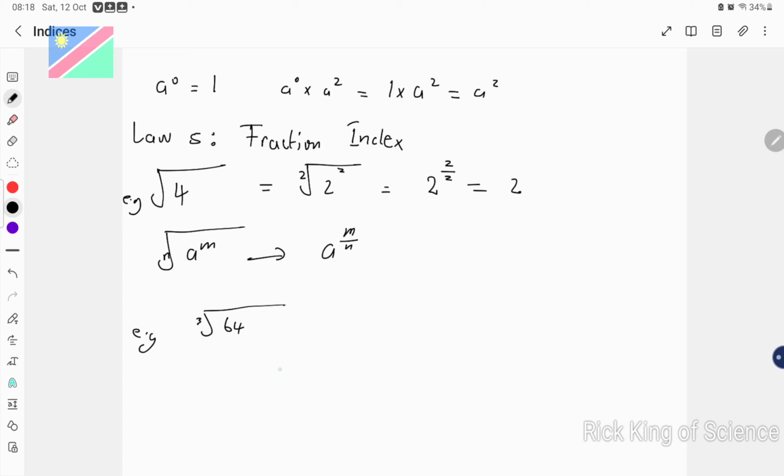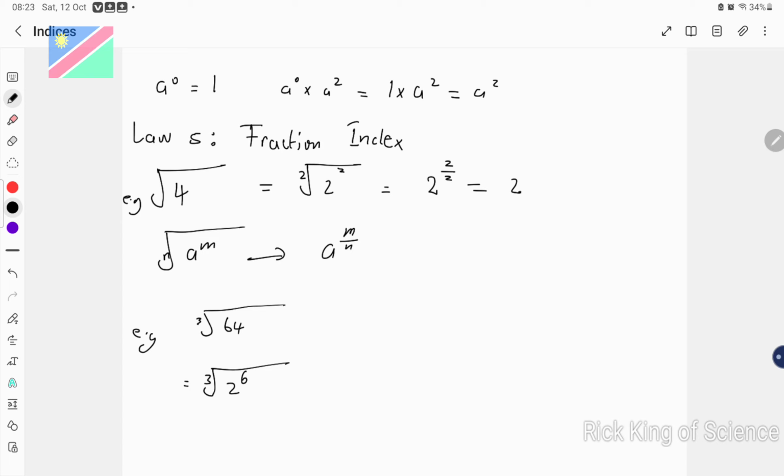You're going to change 64 into a product of its prime factor, or a power of its prime factor. 64 is 2 power 6.